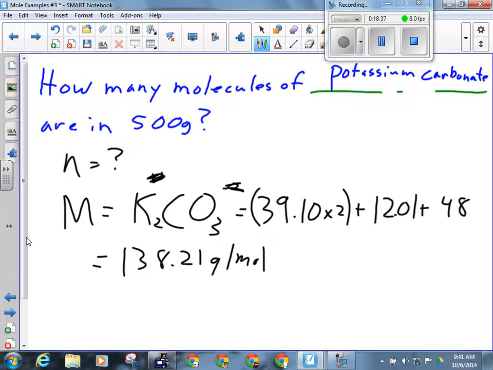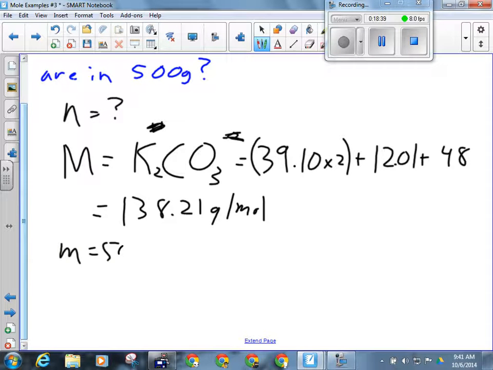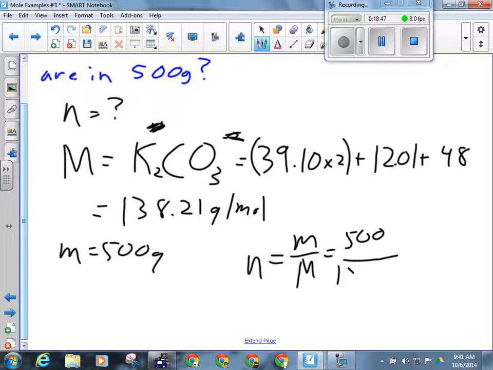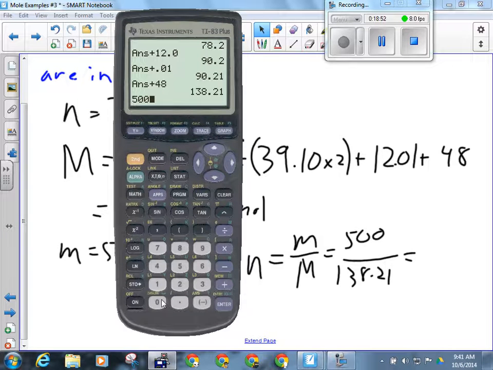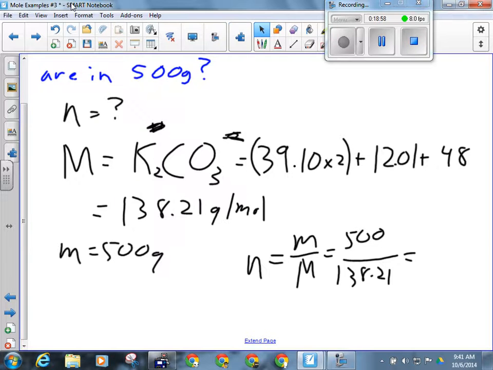Now I can also write down that I know the mass, 500 grams, and I can find n. n equals little m over big M, so 500 over 138.21 is 3.62 moles. Now I know the number of moles. What do I do with Avogadro's number now? Multiply by it, because Avogadro's number is the number in 1 mole.